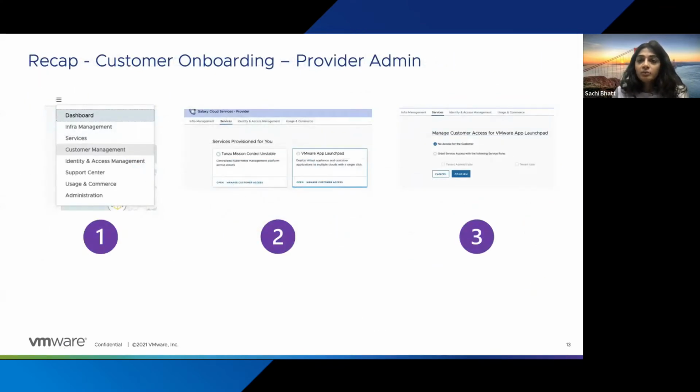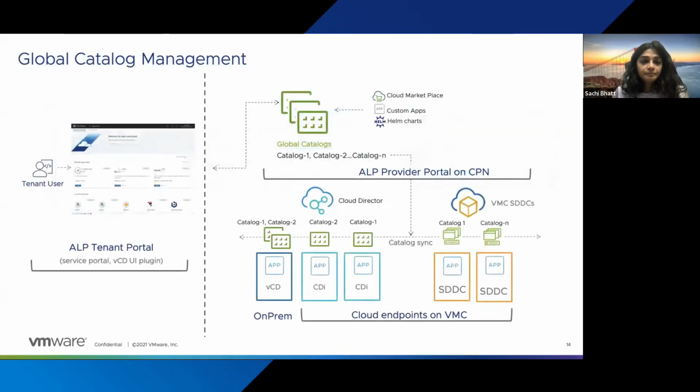And you can provide the global catalog using App Launchpad service. You can see here, you can have all types of different cloud endpoints, including on-prem. So this is really powerful for providers or anyone who has multiple sites and doesn't have to replicate the catalogs manually on each site anymore.